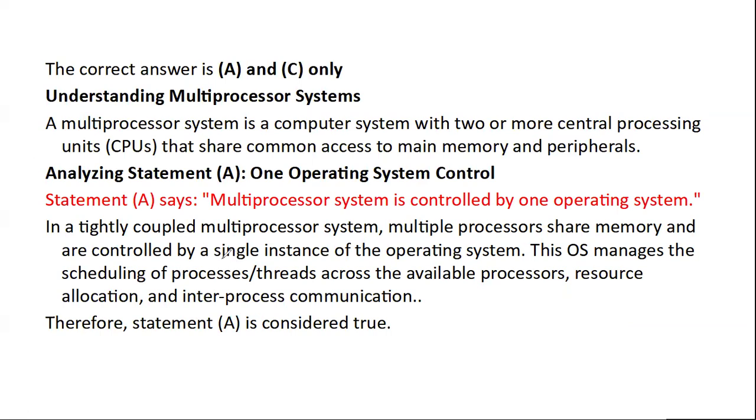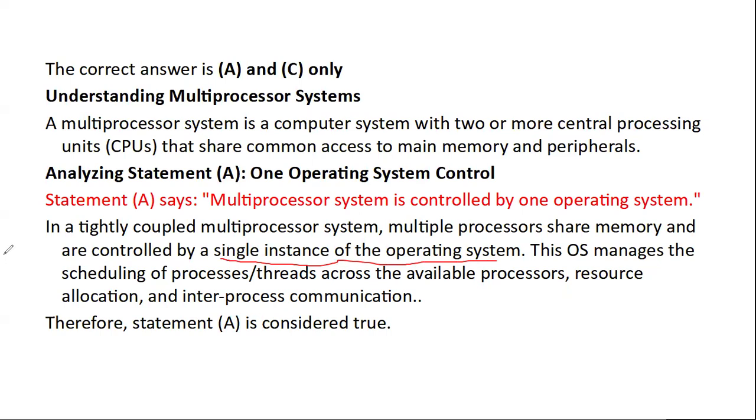They are using a single instance of the operating system, so option A is true. The OS manages scheduling of process threads across the available processors, resource allocation, and inter-process communication, so we can consider option A as true.